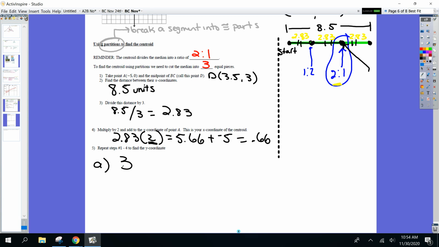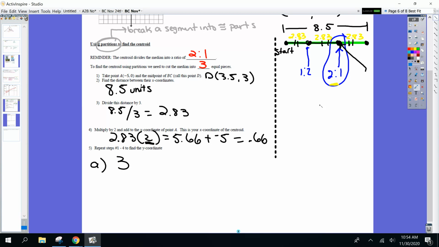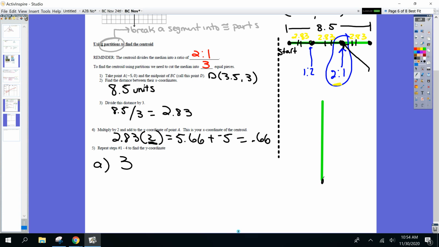So now, and this is the last time I'll do visuals here. So now here's your y-axis. And now we're going from 0 to 3 on the y-axis, breaking this up into 3 equal parts again.